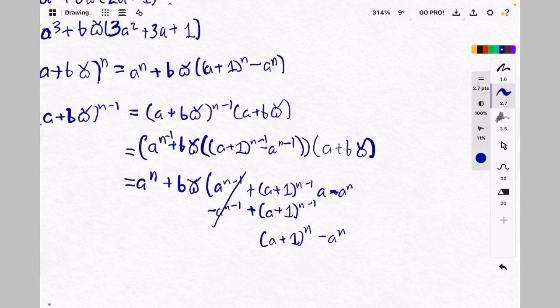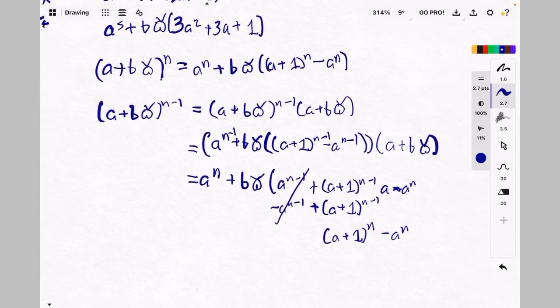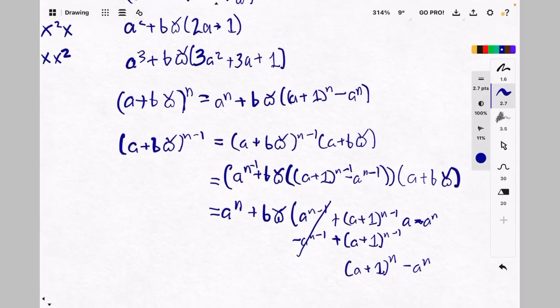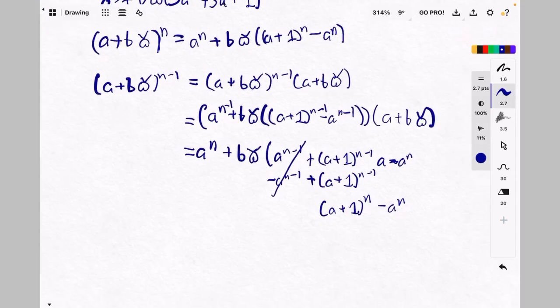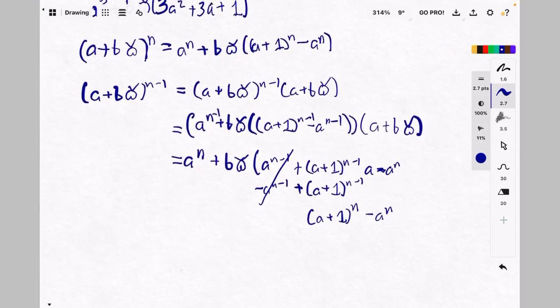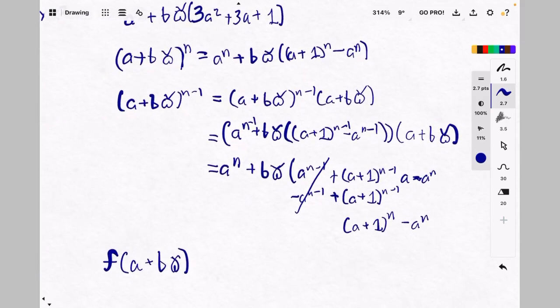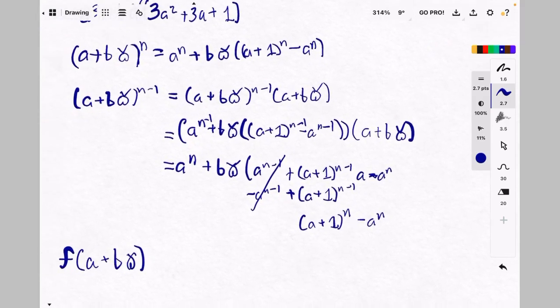So this system works as we thought it would. Now that we've proven this, we can see if we can create our own function formula from this. And in fact, we can. We can find a general function rule for a plus b telugu d. I didn't really draw that well, but who cares?